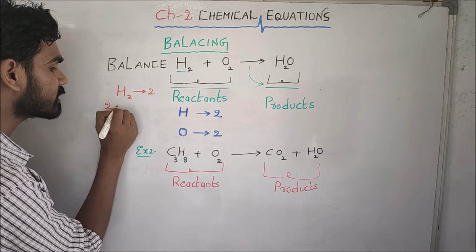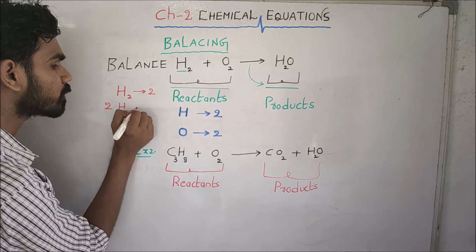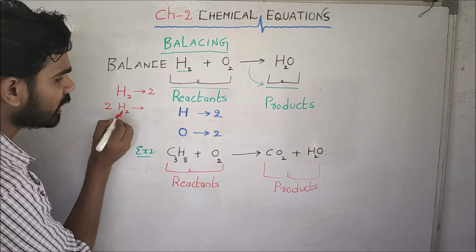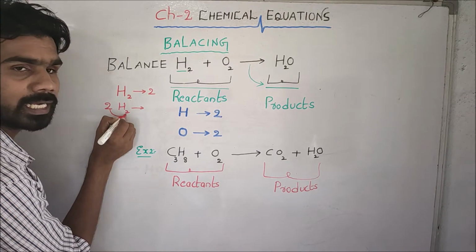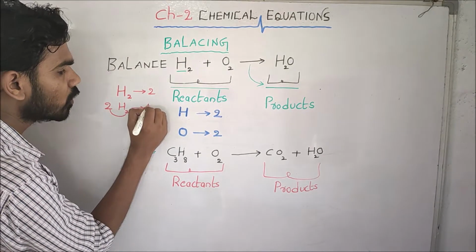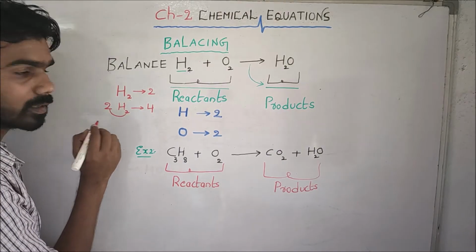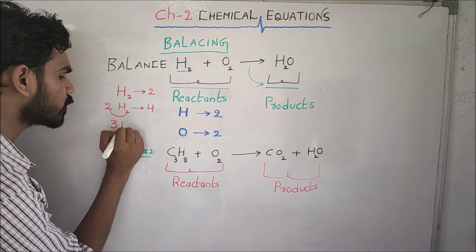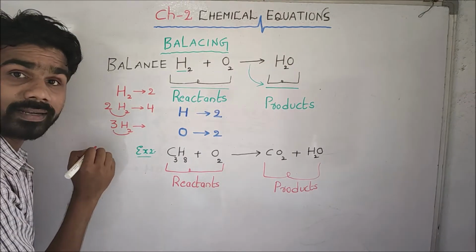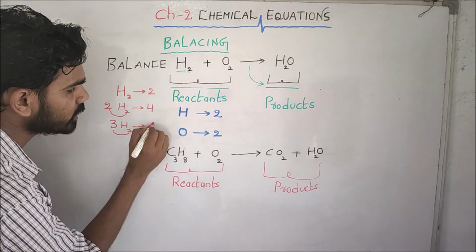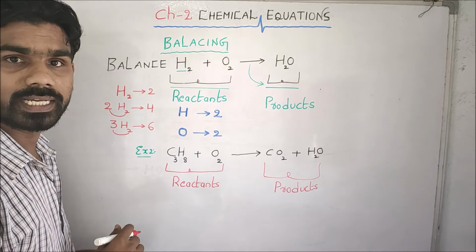Suppose it is 2H2. How many hydrogens? 2 hydrogens are there, but when a front number is there, you have to multiply. 2 2s are 4 hydrogens. Now if 3H2, 2 hydrogens, front number is there, multiply. 3 2s are 6. 6 hydrogens are there.